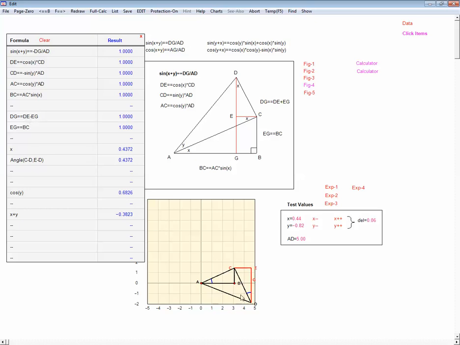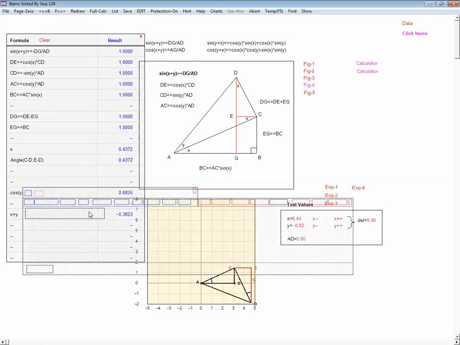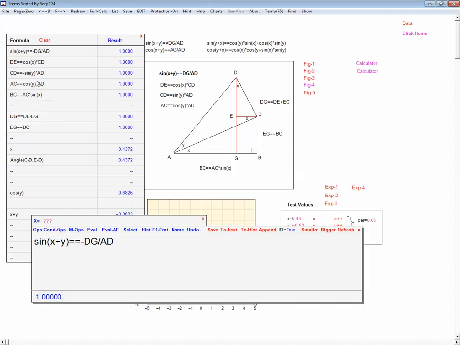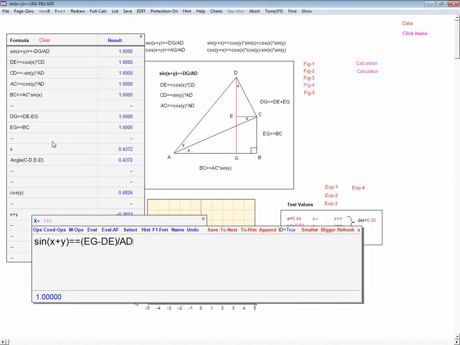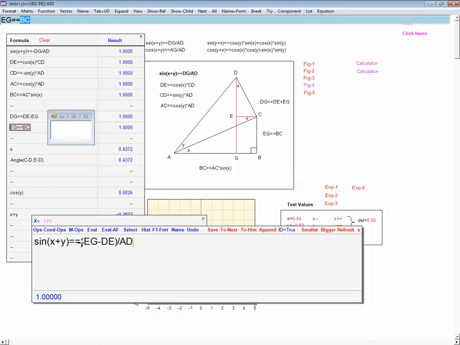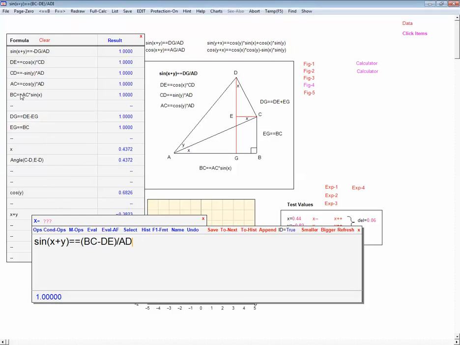So now all our formulas are right for this picture, and we're just going to start substituting like we did before. You're thinking, well, I put some minuses in there in a couple of places. How do I know I'm going to come out at the same place? Well, you just do it, and you see that those changes all cancel out. So let's go through it one time. We're now going to substitute for dg, and let's get EG into the picture, and BC is this.